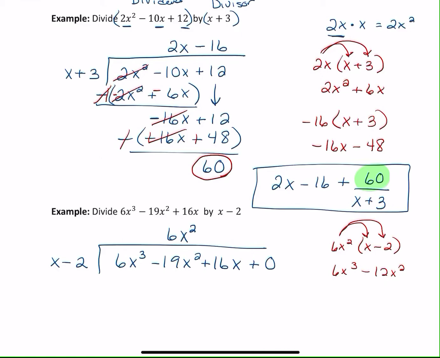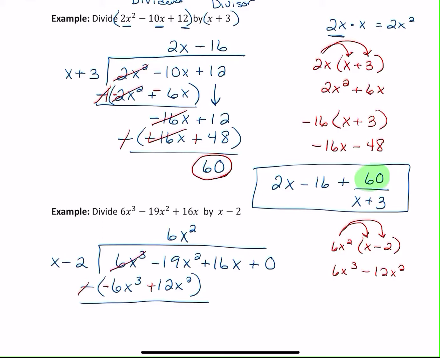So I'm going to write that underneath. And then I'm going to subtract that, which is going to change all my signs when I distribute that negative.